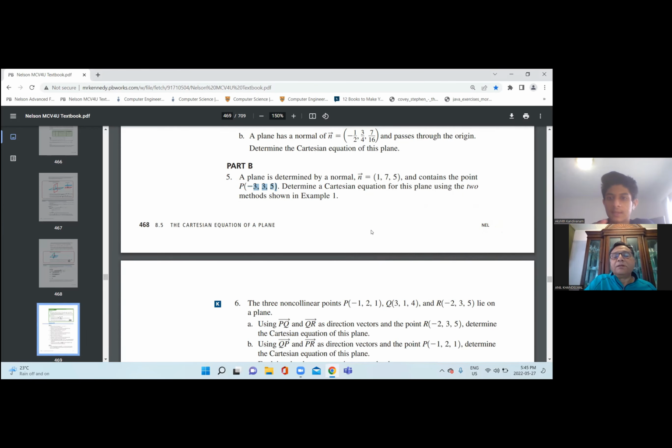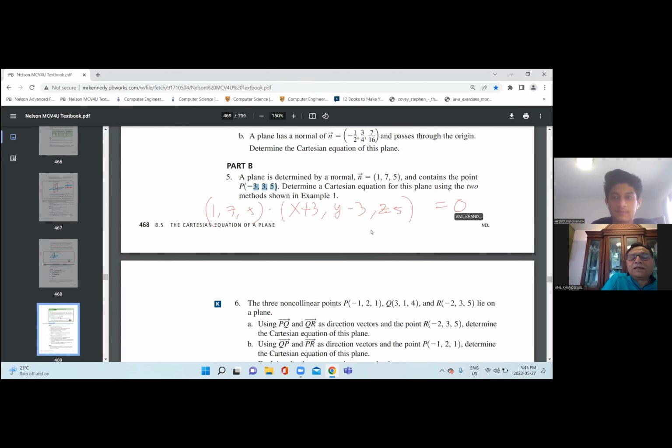The other method is to let there be a general point (x, y, z). Then we do the dot product between (1, 7, 5) and (x minus minus 3, y minus 3, z minus 5), which becomes x plus 3, y minus 3, and z minus 5, equals 0.